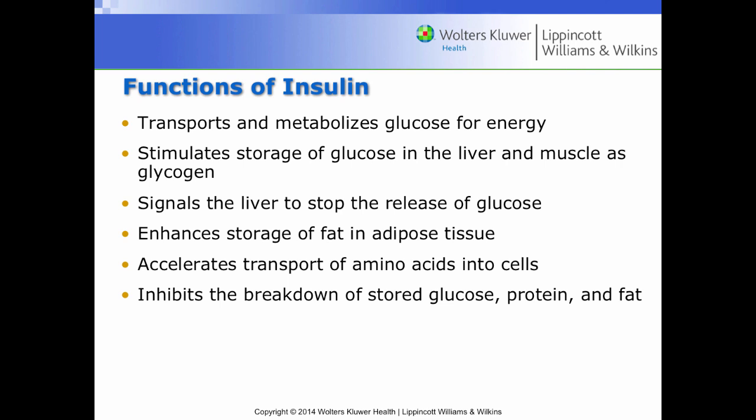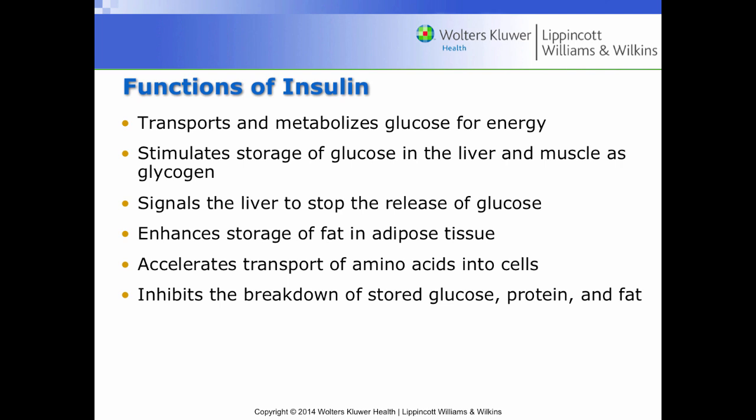It also stimulates the storage of glucose in the liver and muscle in the form of glycogen. So glycogen is just this huge polysaccharide that are individual glucose molecules attached to each other. And muscle storage of glycogen is for muscle activity, so for the use of muscle.